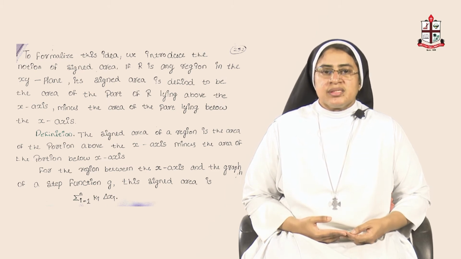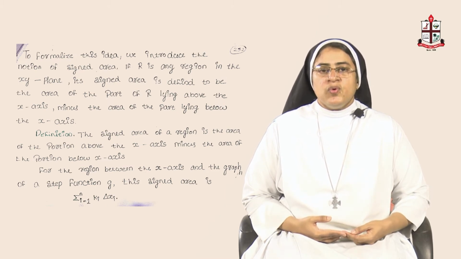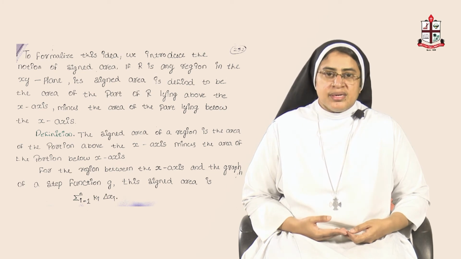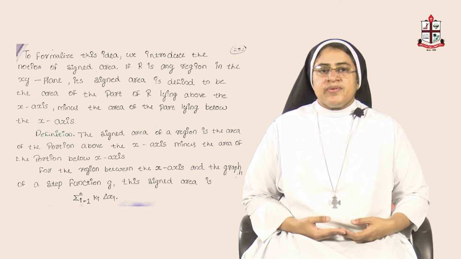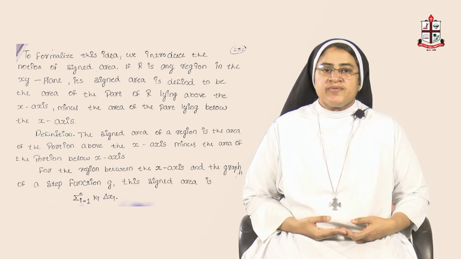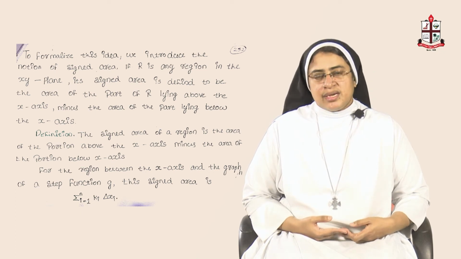To formalize this idea, we introduce the notion of signed area. If capital R is any region in the xy plane, then the signed area is found to be the area of the part of R lying above the x axis minus the area of the part of R lying below the x axis.